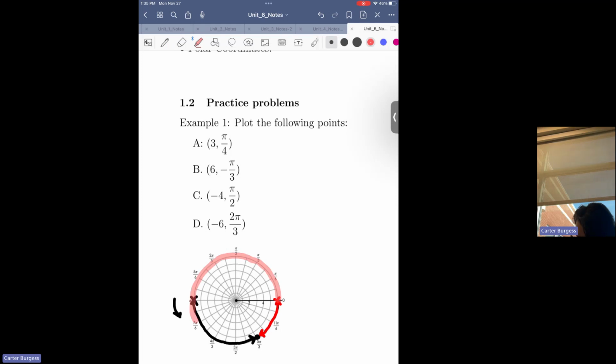This would be our standard way of doing it before arriving at this final point. This would be the point 6 and 5 pi over 3. And that is probably the more standard way of representing this, with the positive r, the positive theta. Good questions. Other questions here?